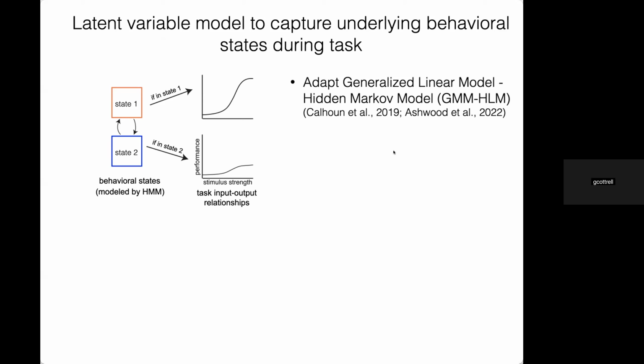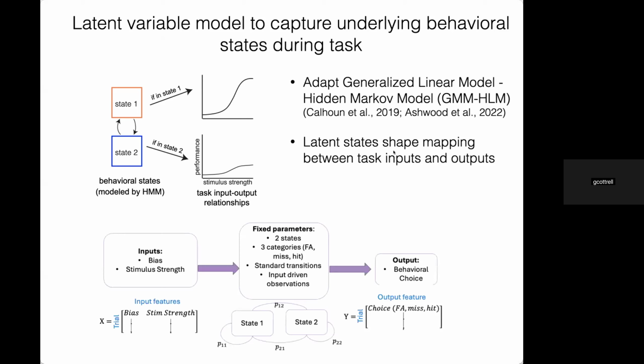These models basically assume that your animal transitions between some small number of latent states, things like task engagement, arousal, hunger, and that these latent states shape the relationship between task inputs and task outputs. How much am I paying attention, how responsive to evidence am I, and so on. So we just adapted their workflow, with shared, really accessible code online.